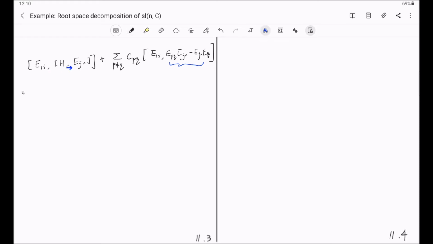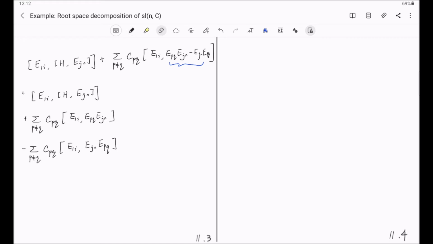The first part is just this guy. And the second part is this. And the third part is this thing. We'll give them labels: triangle number 1, triangle number 2, and triangle number 3.